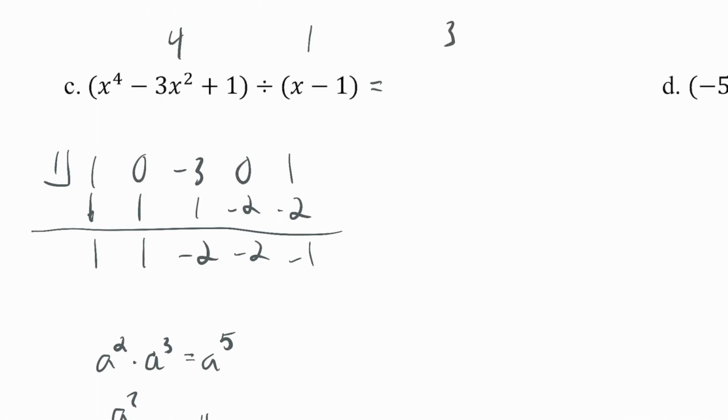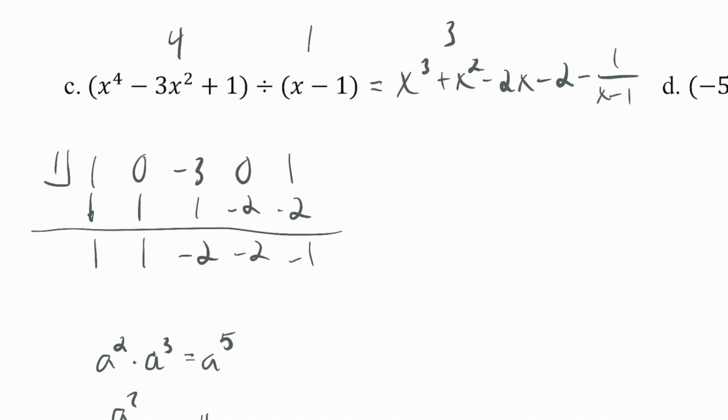Another way to look at that is these numbers give me the coefficients of the quotient, and they're always in descending order. So since there are 4 of them, it goes 3, 2, 1, 0 for the degree. So that's another way to see what degree you should be using. So this will be x cubed plus x squared minus 2x minus 2 minus 1 over x minus 1.